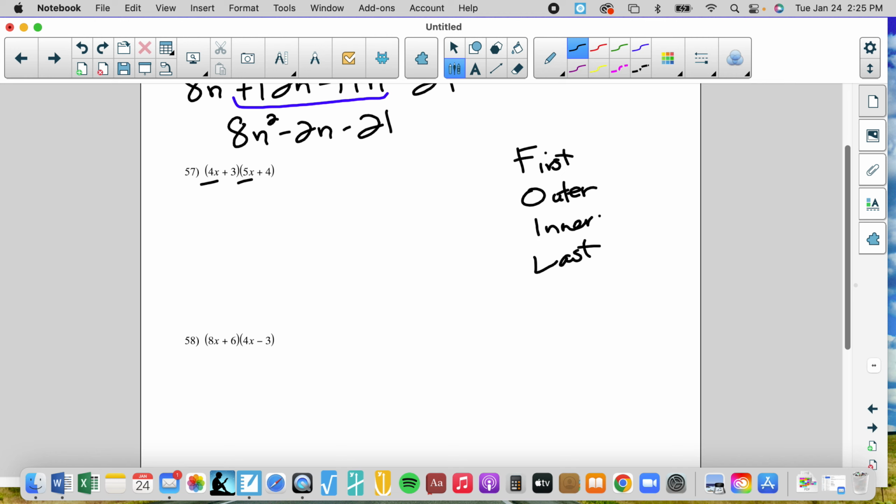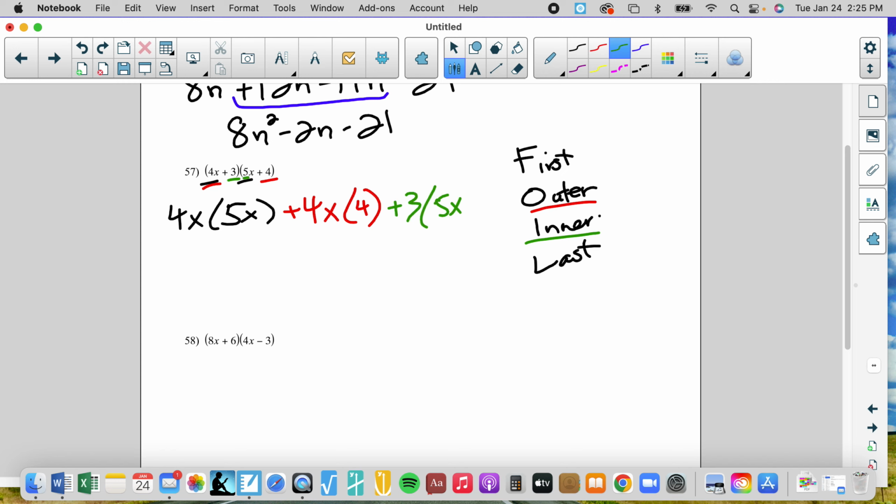First in the binomials, 4x times 5x. The next one would be the outer. The outer are going to be the outside two. So that's plus 4x times 4. The inner would be the inside two terms. So that's plus 3 times 5x.